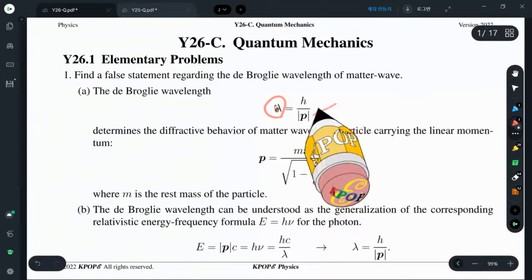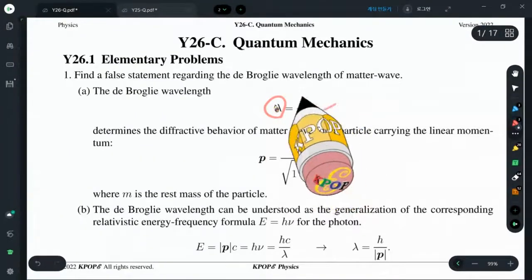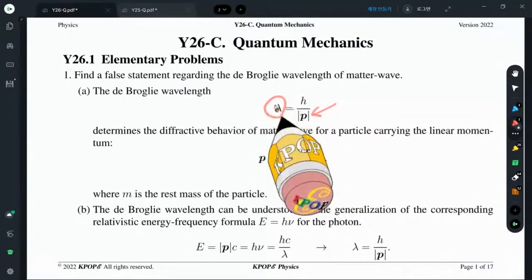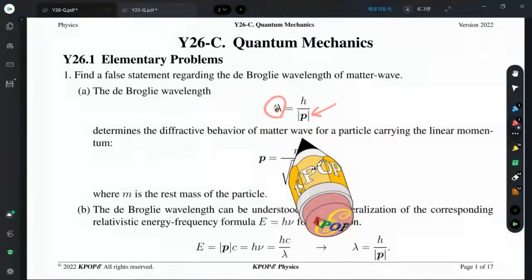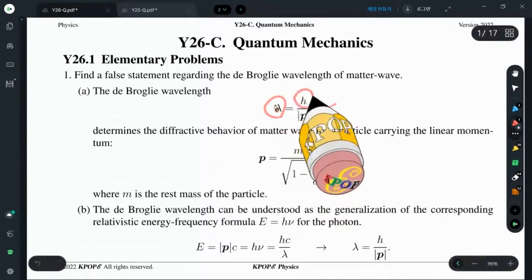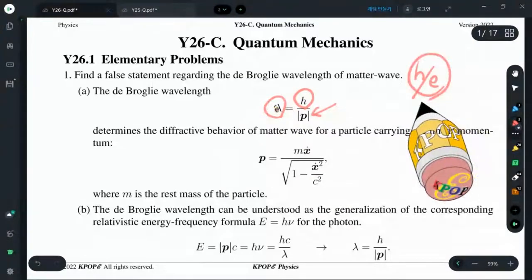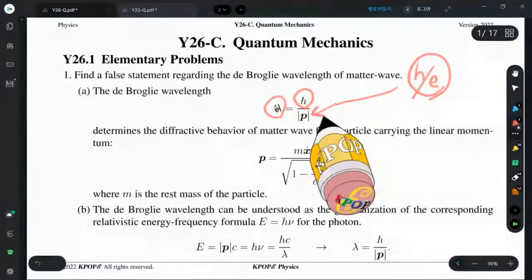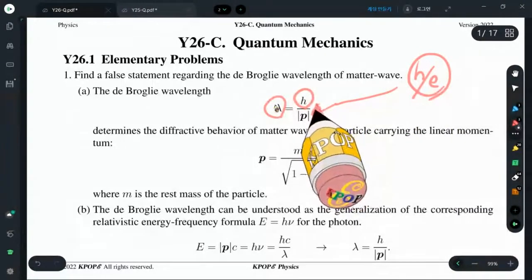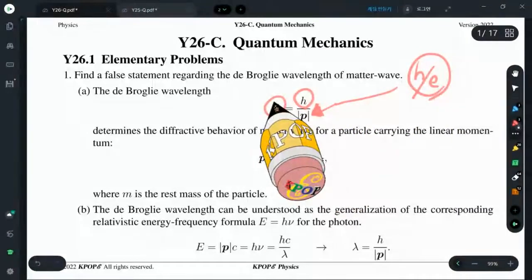If it carries momentum, the wavelength is inversely proportional to the momentum, and the Planck constant that we already measured from the photoelectric effect contributes to the determination of the effective wavelength.